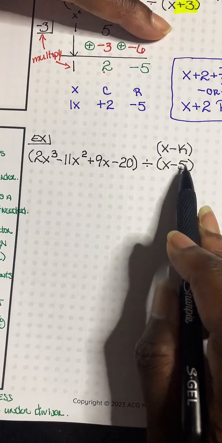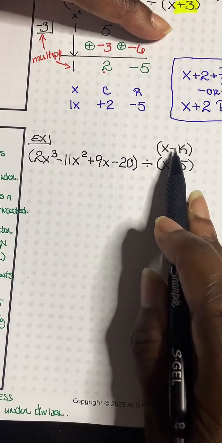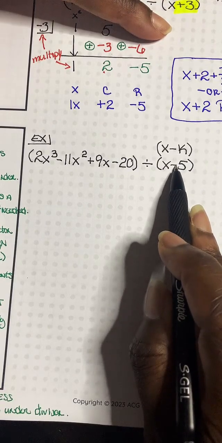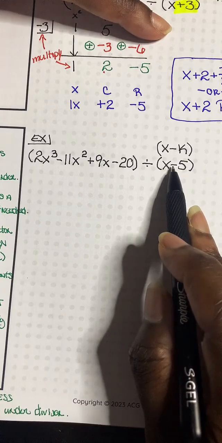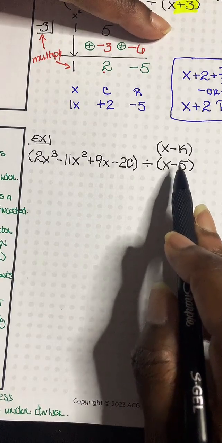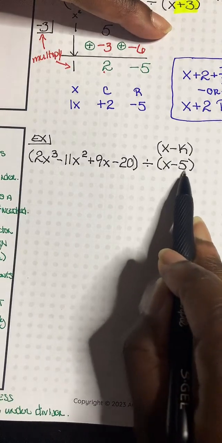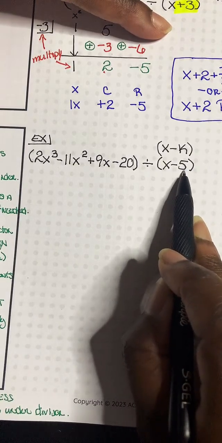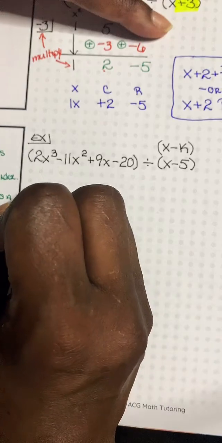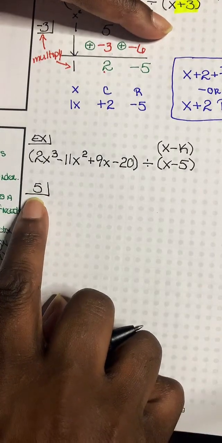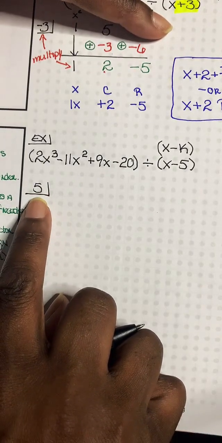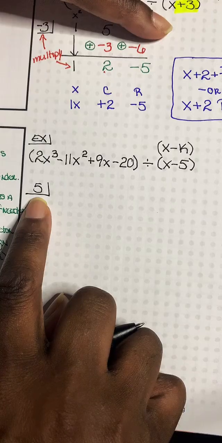The reason why I know that is because both of these have a minus sign and it hasn't changed. It only changes when there is a negative number, and that's what we did on the last one. So this 5 that we have right here is going to go inside this little box that I'm going to draw over here. This is what I'm going to use as my divisor.